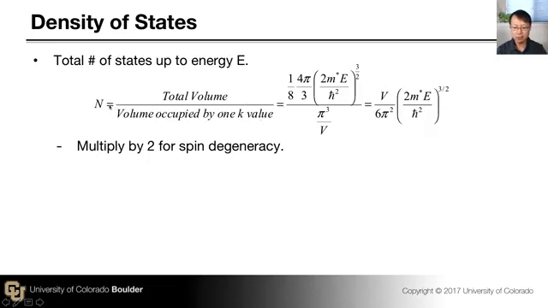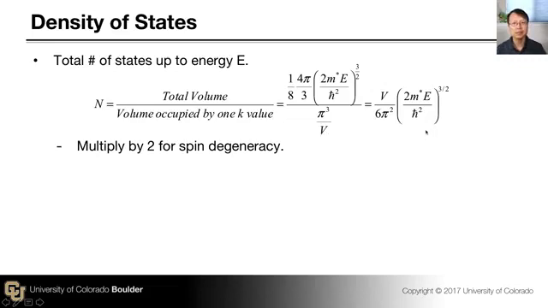That will give you the total number of k vectors contained in that energy range from 0 to E. And that simply is given by this. So this is the 1/8 of the sphere that we calculated earlier, and pi cubed over V is the volume occupied by one k vector. And that gives you this.